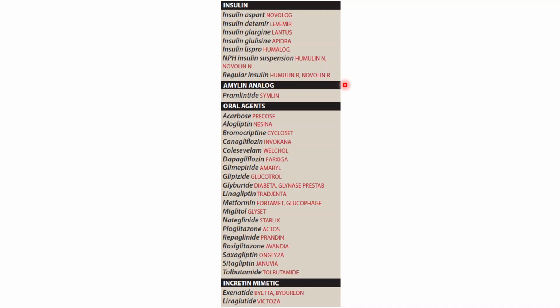And moreover, because these are obtained with extraction from the pancreas, other proteins can be obtained from the pancreas as well, including animal proteins that have a high adverse effect potential, including hypersensitivity reaction.